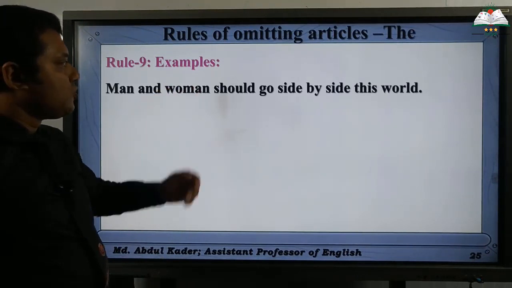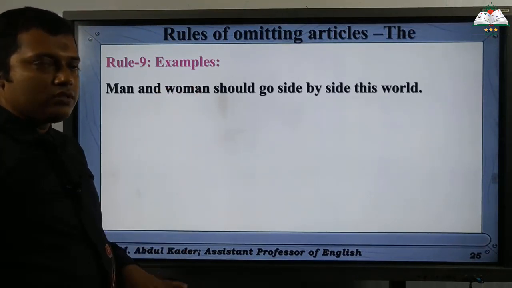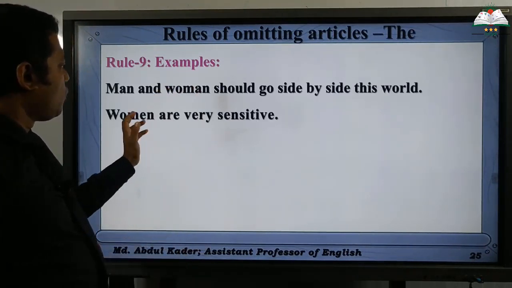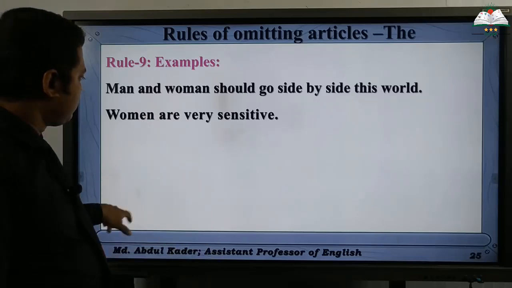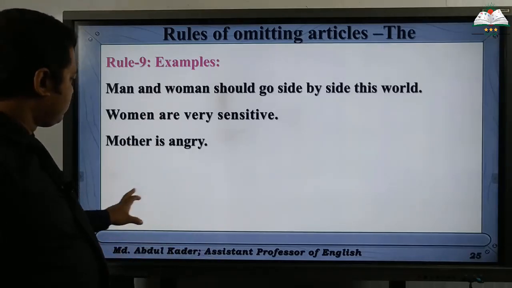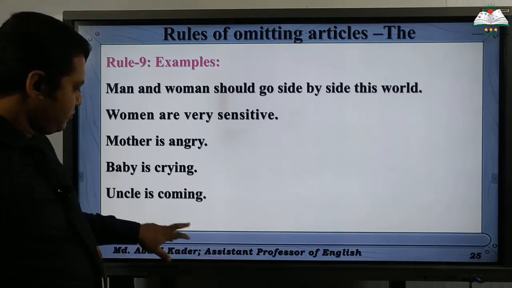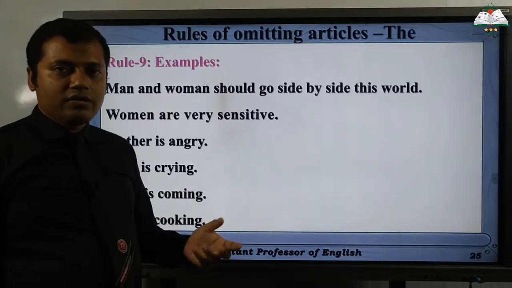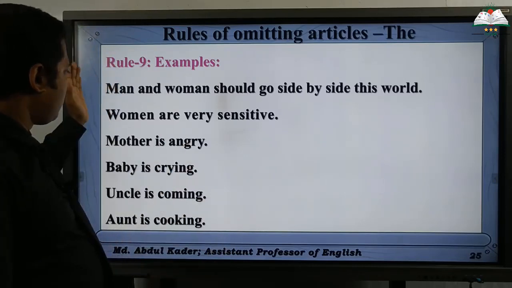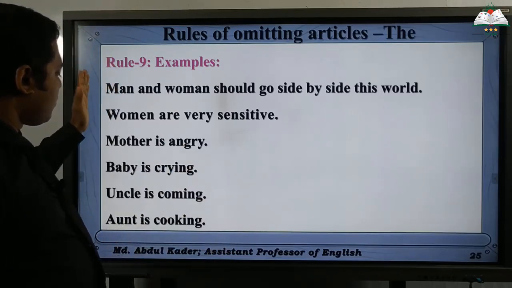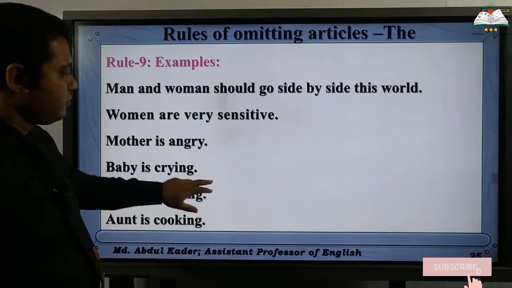Men and women should go side by side in this world. Women are very sensitive. Mother is angry. Baby is crying. Uncle is coming. Aunt is cooking. So see here, in none of these cases do we use the.